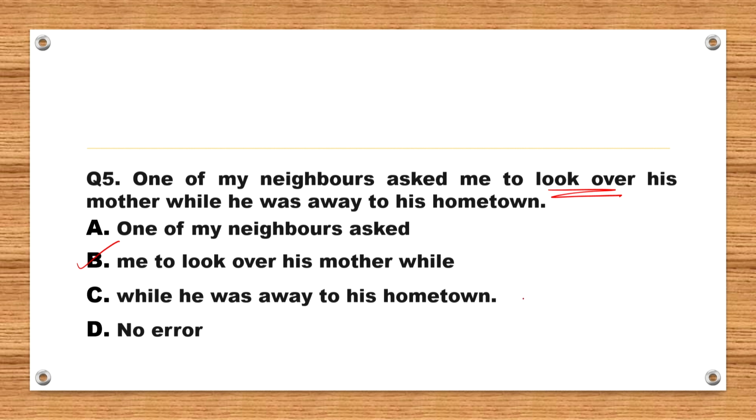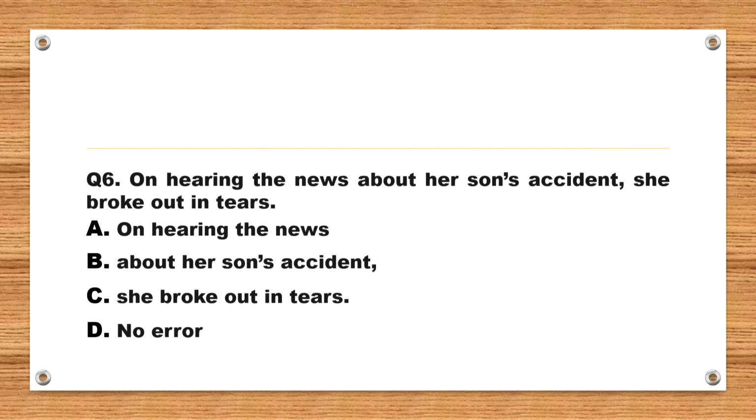So, replace it with look after, which means to take care of someone. Hence, the correct sentence should be: one of my neighbors asked me to look after his mother while he was away to his hometown. So, is it clear? Now, moving on.